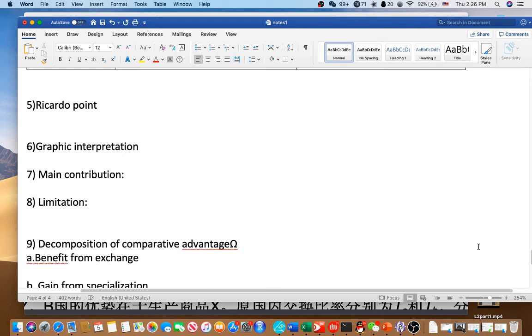It testifies that mutual benefit is realized through trading partners exporting products with comparatively lower cost and importing those with higher relative cost. Mutual benefit improves world welfare generally. The comparative advantage is more realistic than absolute advantage.